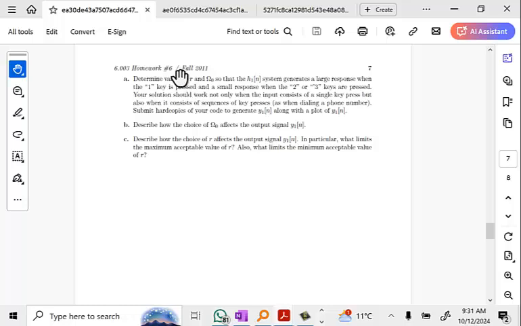Determine values of r and theta so that it generates a large response for the 1 key and small for 2 or 3. Notice that 1, 2, and 3 are in three different columns. I don't worry about this next part here, but that's basically what you want to do. You can also give the response to a key press, and you can plot that.